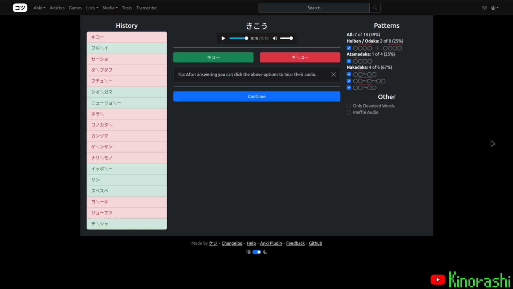Here, when they went high, low, and then high again during sensei, which is a nakadaka, it goes higher in the middle of the word. They made this high much higher than the first high.